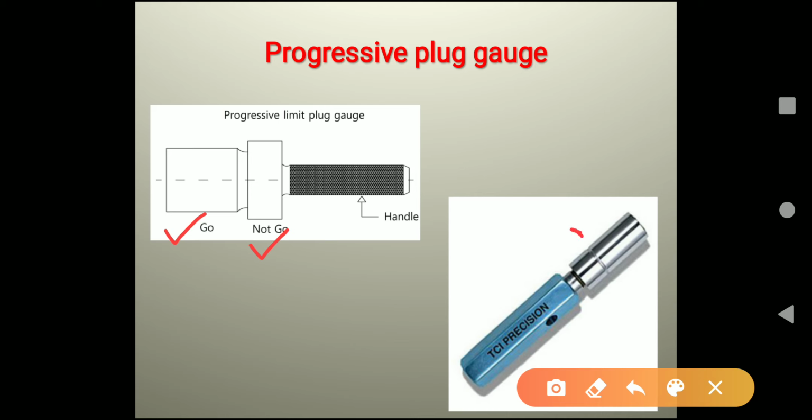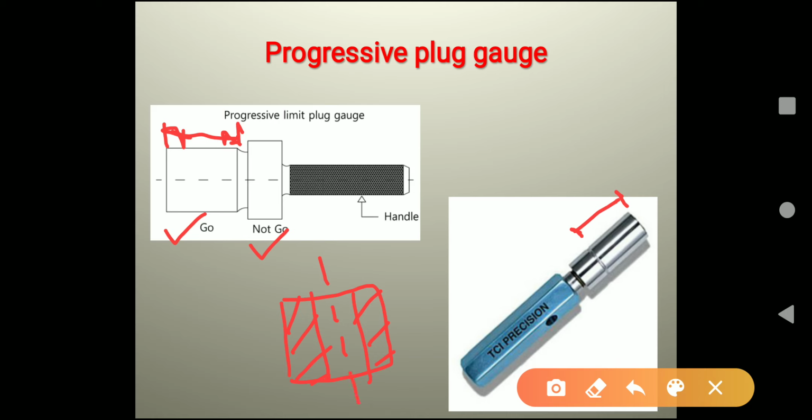Here the length indicates that if a particular hole has 25 mm diameter, the go gauge side should be long compared with the no go side, because we have to check a hole or a bore throughout that particular component. So it is mandatory to check all of its size.